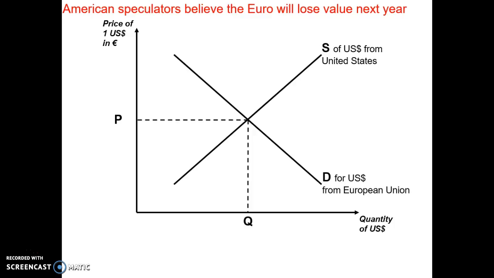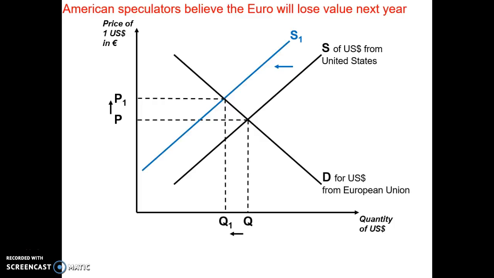And if American speculators believe that the euro will lose value next year for whatever reason, they're not going to want euros anymore. So they're going to stop converting their US dollars into euros. And when they stop converting their US dollars into euros, then the supply of US dollars coming from the US will reduce. And so I show that here.